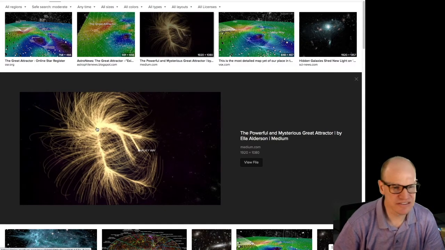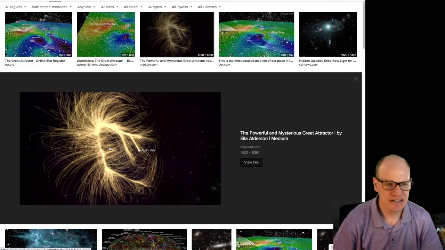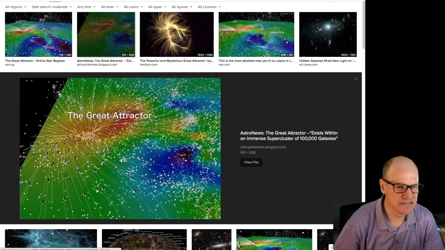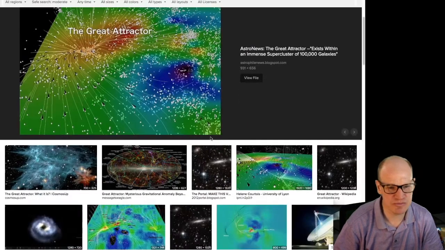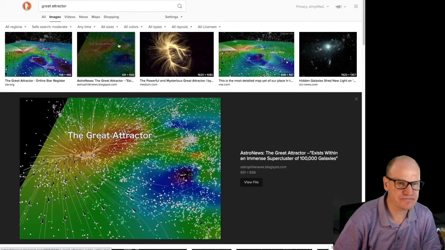So we're all drifting in that direction. The Milky Way and the Andromeda Galaxy are falling towards the Great Attractor in the sky. And a bunch of other galaxies, clusters of galaxies, are moving in that direction. So the Laniakea, I'm not sure what that is, never used that in a sentence before. But there's always a first time, I suppose.